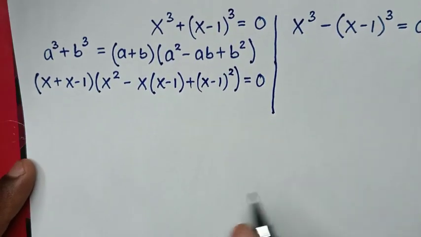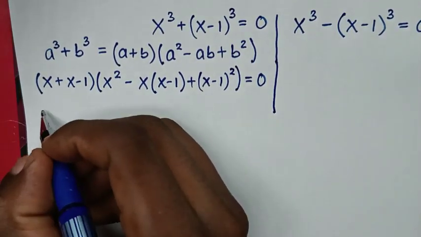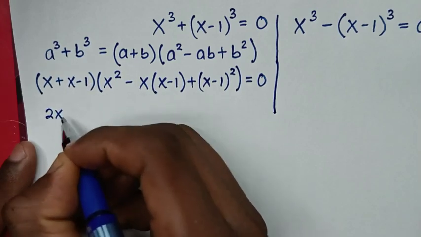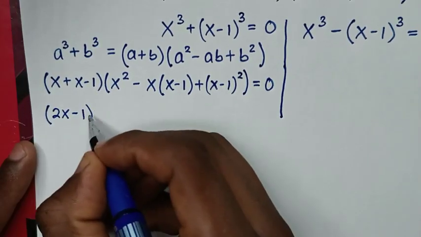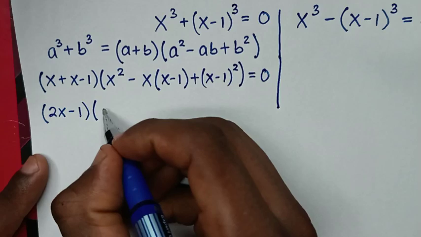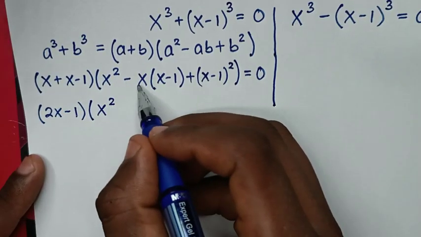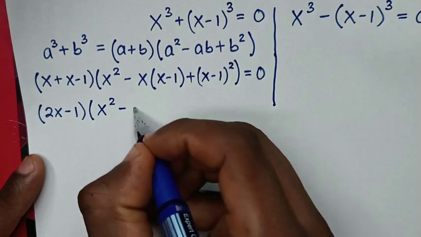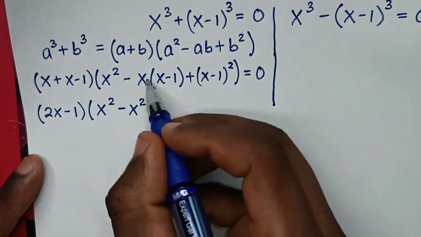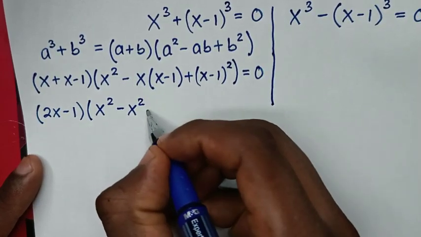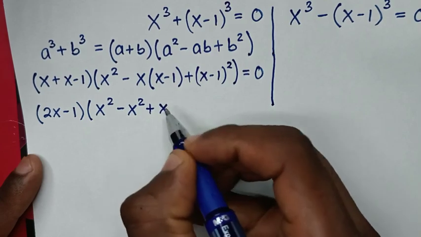Then in the next step, here it will be x plus x is 2x, then minus 1, and here it will be x^2. We open this bracket by negative x. Negative x times x is negative x^2. Negative x times negative 1 is positive x.